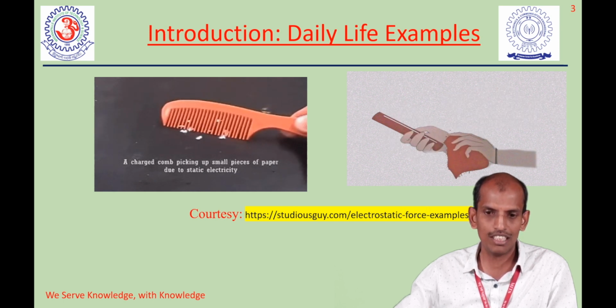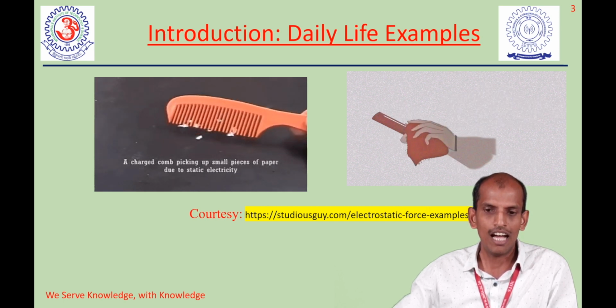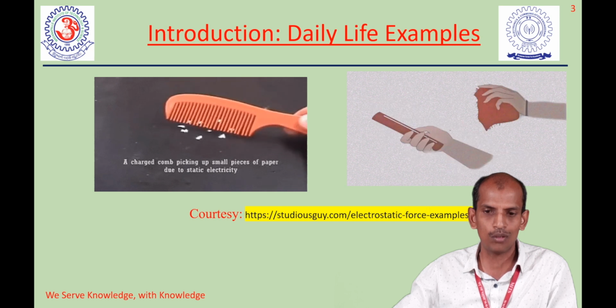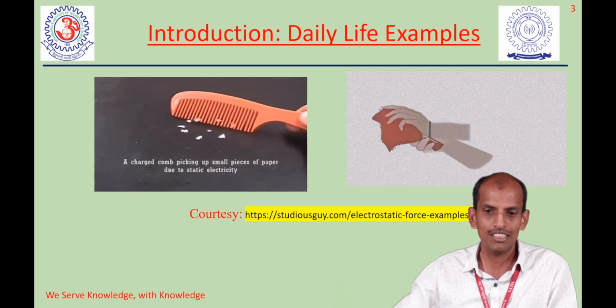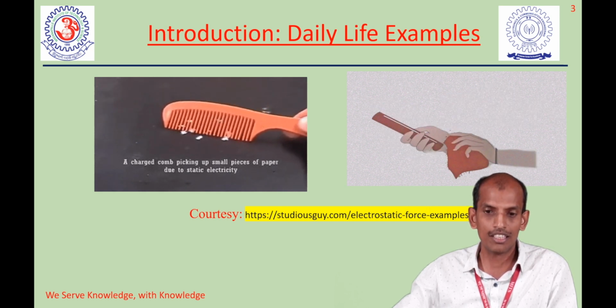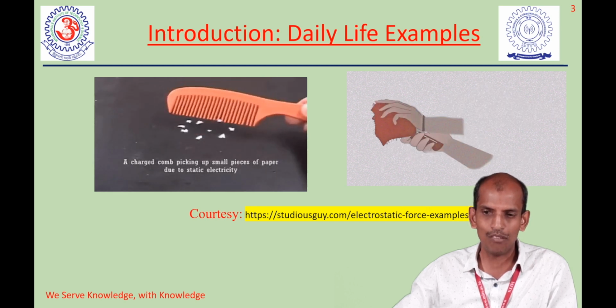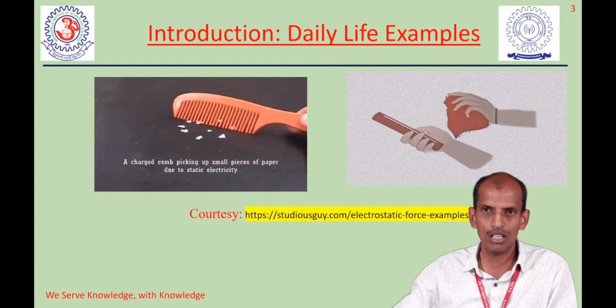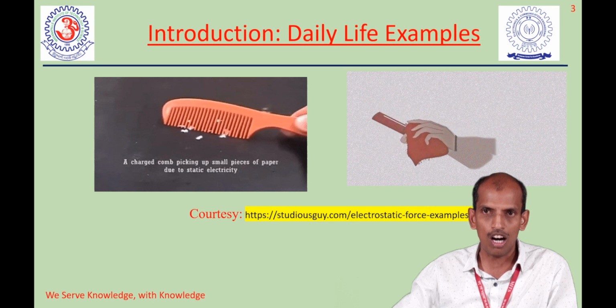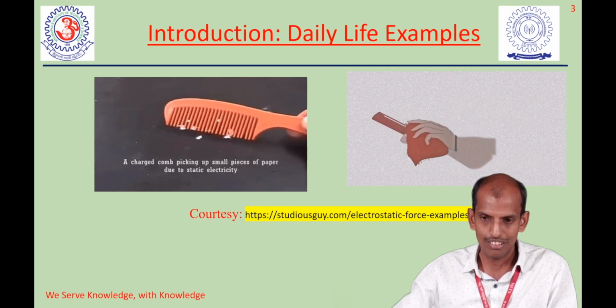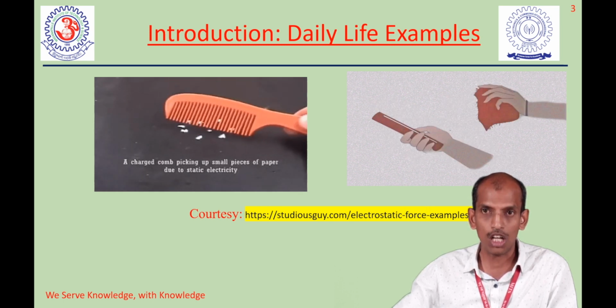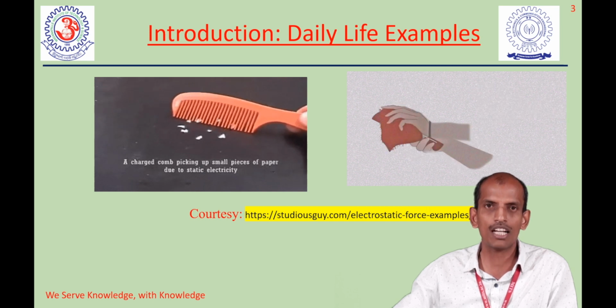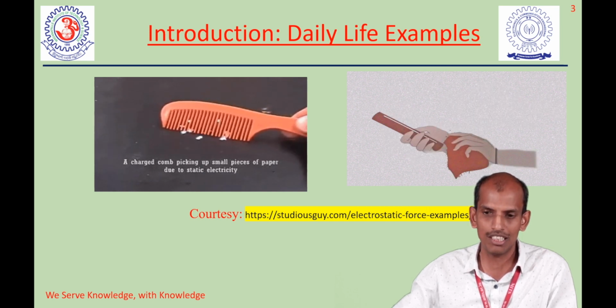As you can see on my slide, as a person brings this comb near the bits of paper, they are getting attracted. Another very simple example: if you rub a rod with a piece of cloth, the rod gets charged. What type of charge will be developed? The question is there.